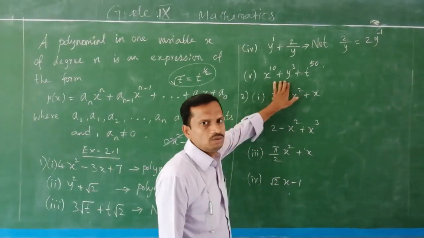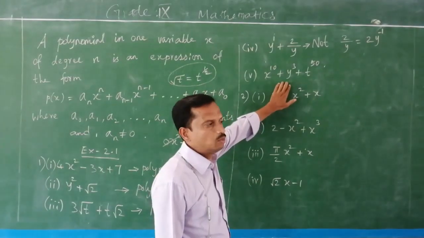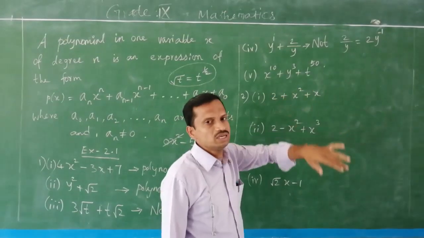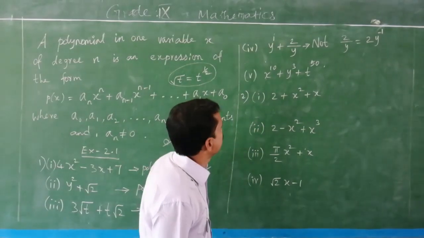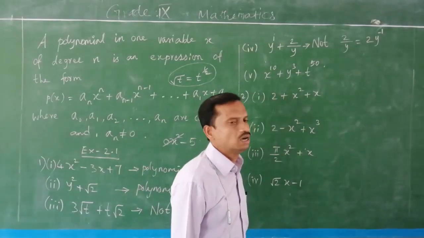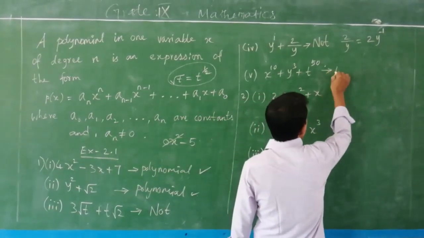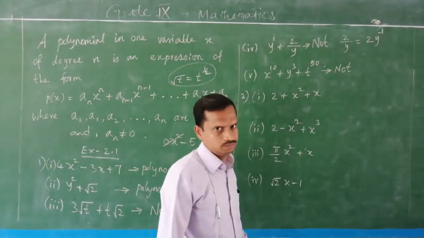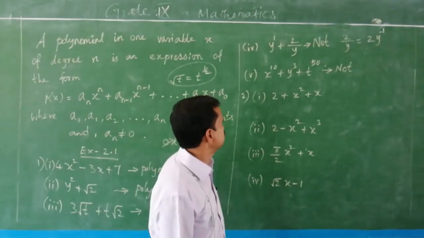Generally it is a polynomial, but in different variables. But here it is 3 variables. Even though the exponents are whole numbers, the variables are more than 1. So according to the question, it is not a polynomial in one variable. So these are the solution and the way of answering.